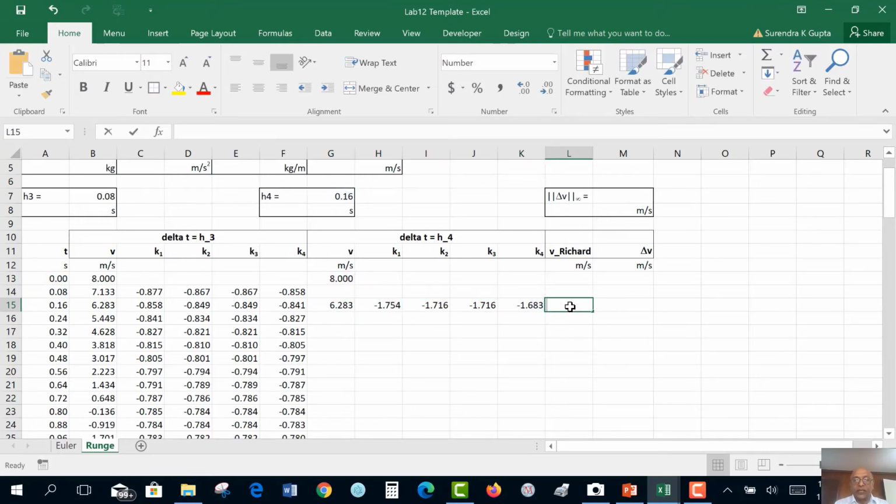Now we can do Richardson extrapolation. Our local error, remember, our local error is h to the power 5 for Runge-Kutta method. So our weight factor 2 to the power 5 is 32. So we'll take 32 times this value minus this value and divide by 31. So this is our better velocity value.